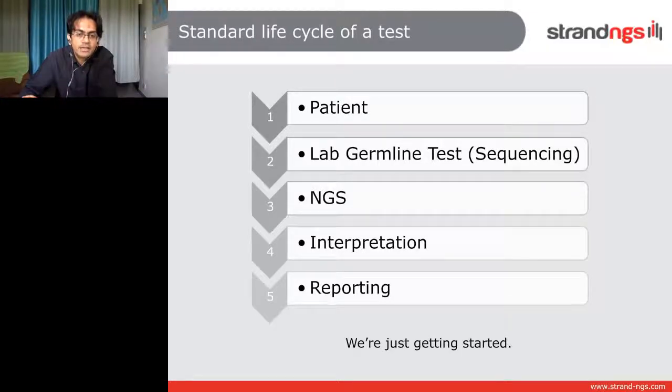And then you actually have a physical interpretation stage where people have to additionally understand the kinds of mutations they're looking at and whether they actually correspond to the diseases that are in the test, or whether they're just false positives, for instance. And then once all that is done, you actually have to report your results. Right? So those are the broad stages in clinical genomics, and especially this is the life cycle of a germline test.